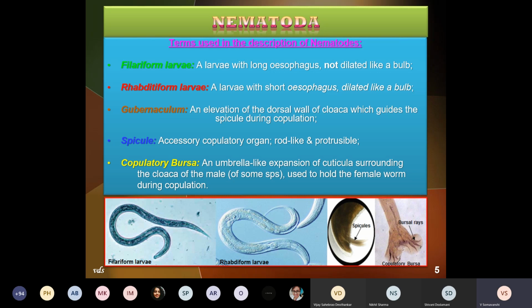Now, during copulation, the male parasite which has the copulatory bursa will hold tightly to the female parasite near the vulvar opening and copulation takes place. Now, this copulatory bursa is also supported with muscular structures or muscular rays. And these muscular rays help the male parasite to hold tightly with the female during copulation. And that is called the copulatory bursa, which is present in the male parasites.